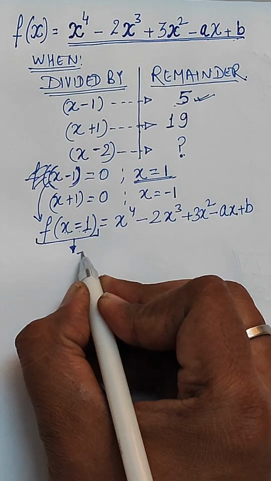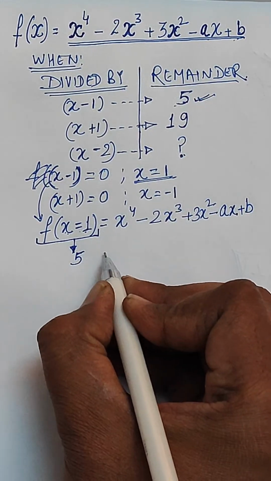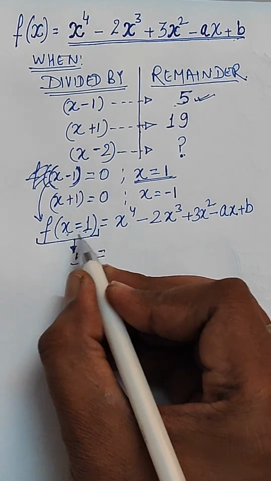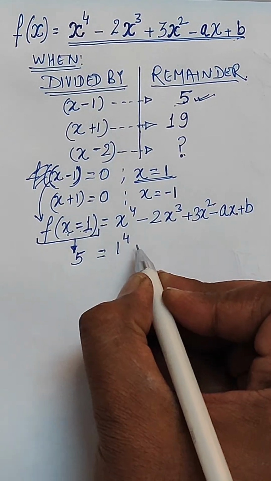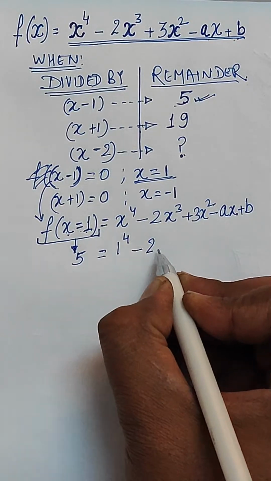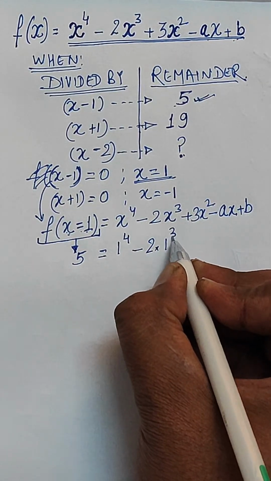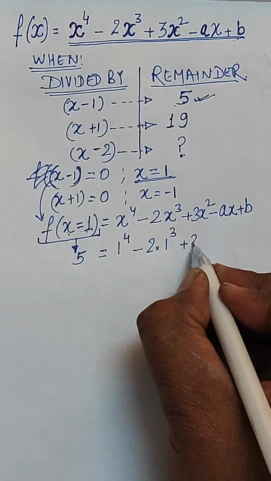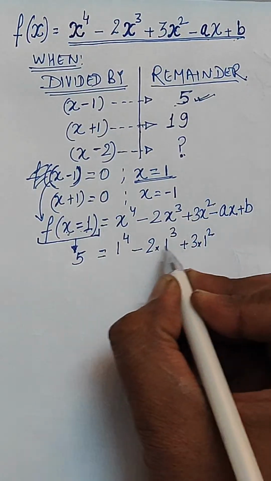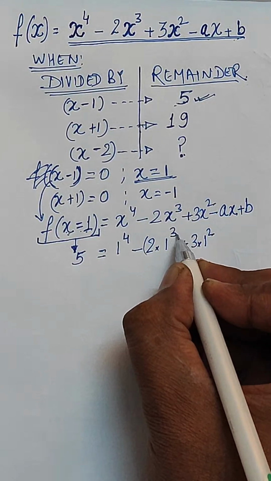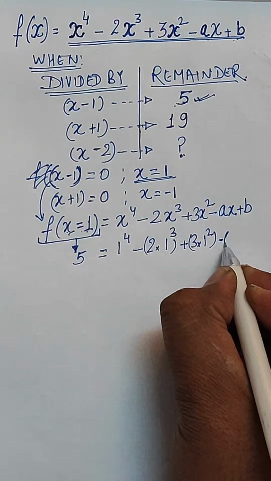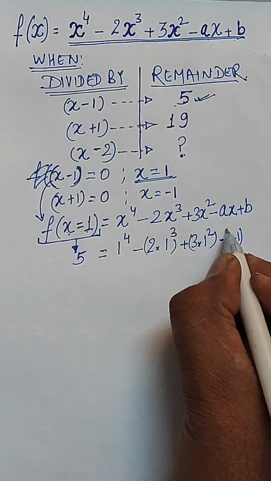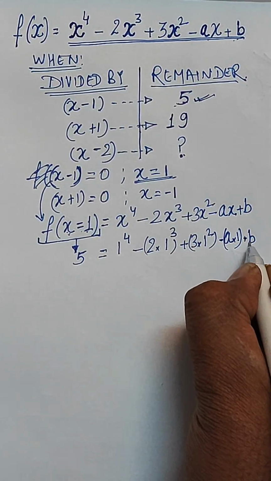So put 5 over here: 5 equals 1 power 4 minus 2 into 1 cube plus 3 into 1 square minus a into 1 plus b.